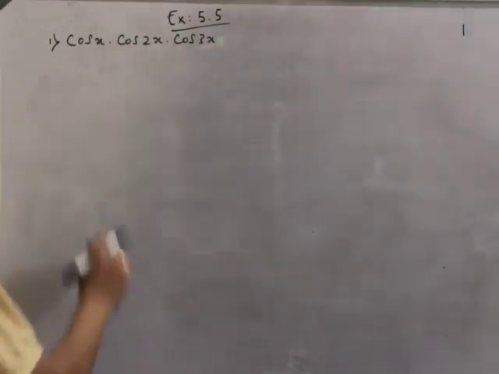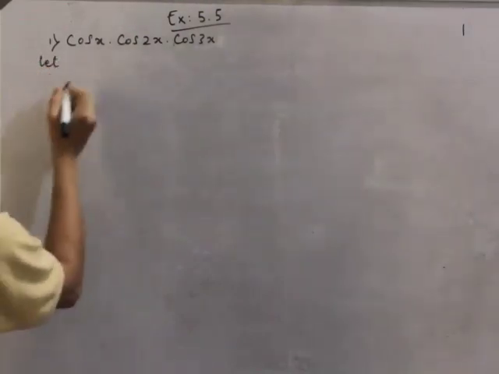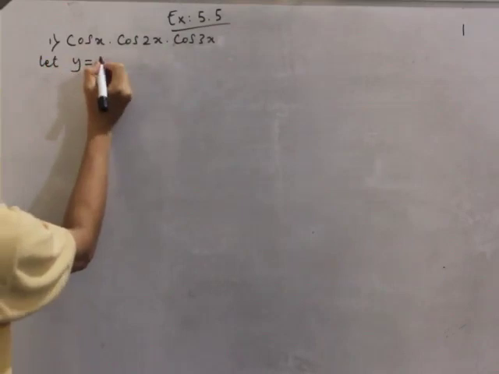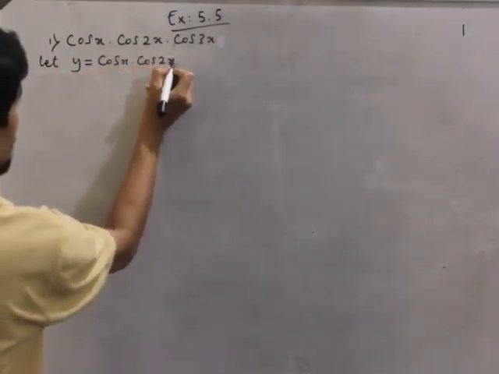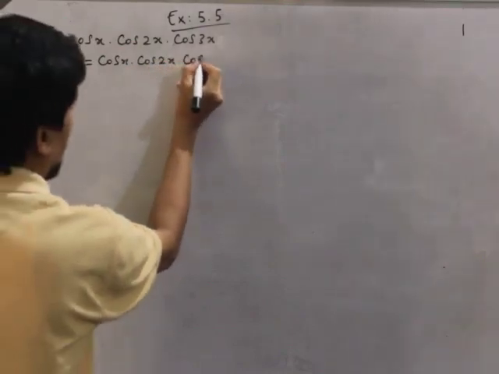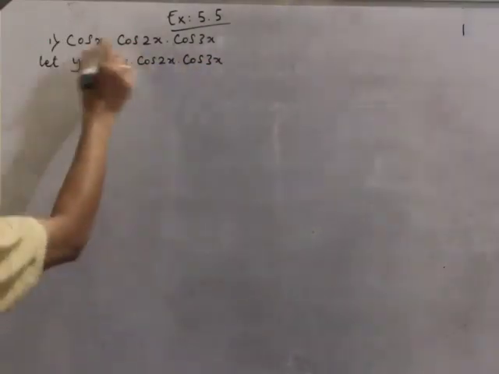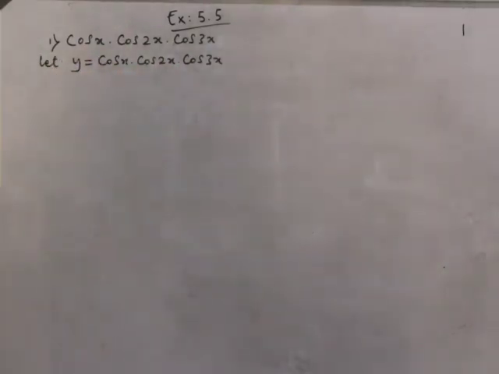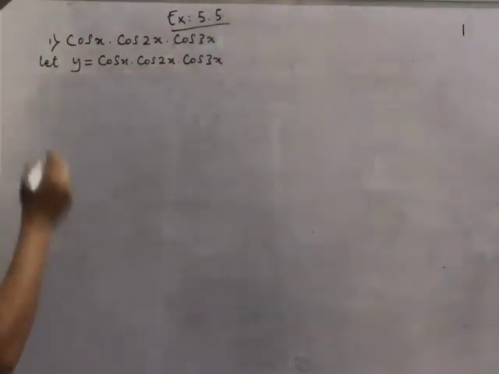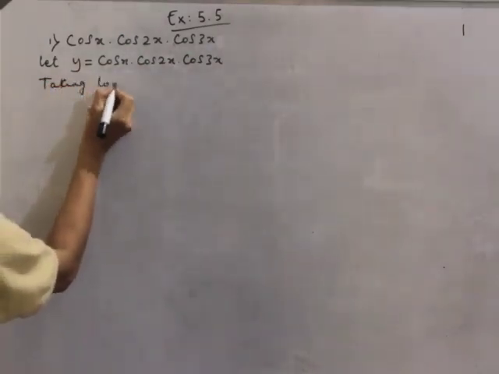So first thing what I will do is I will write let y is equal to cos x into cos 2x into cos 3x. This is the given function. I have written it as it is. Now the next step should be taking log both sides.